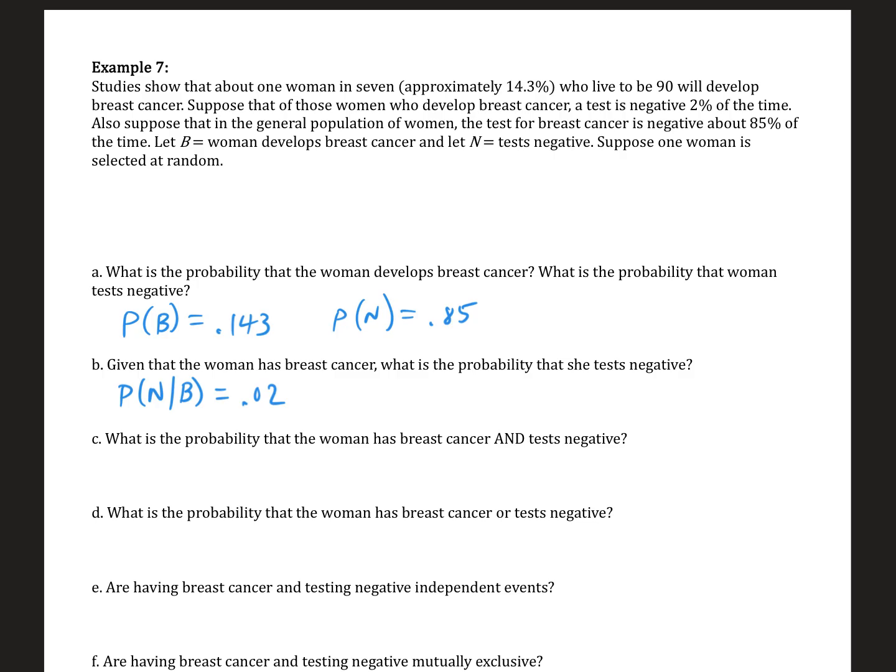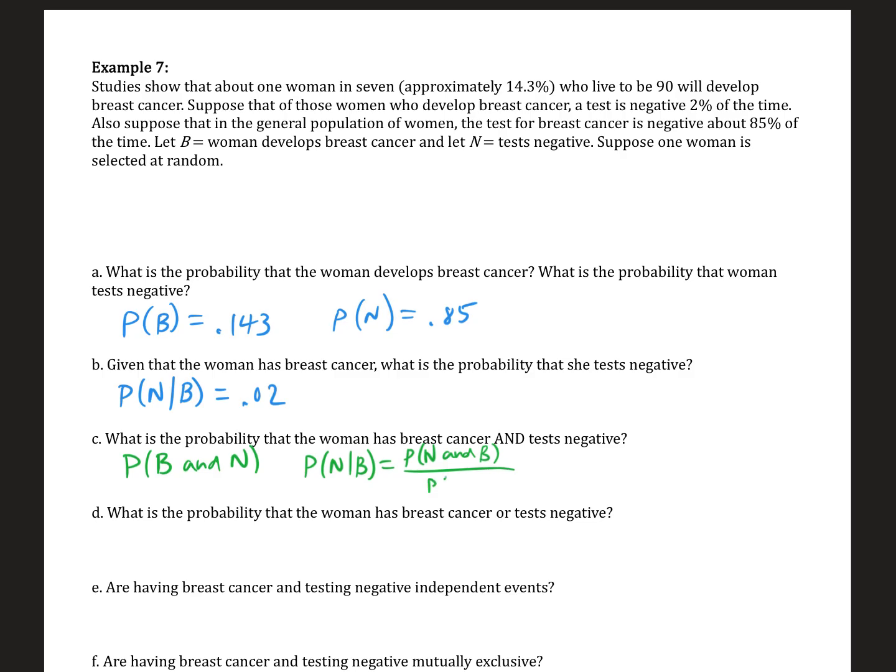What is the probability a woman has breast cancer and tests negative? So this is where I haven't given you enough information, so you have to use a formula to solve. If I have a given statement in there, you're probably using it to find the and statement. So the probability of N given B is probability of N and B divided by what?